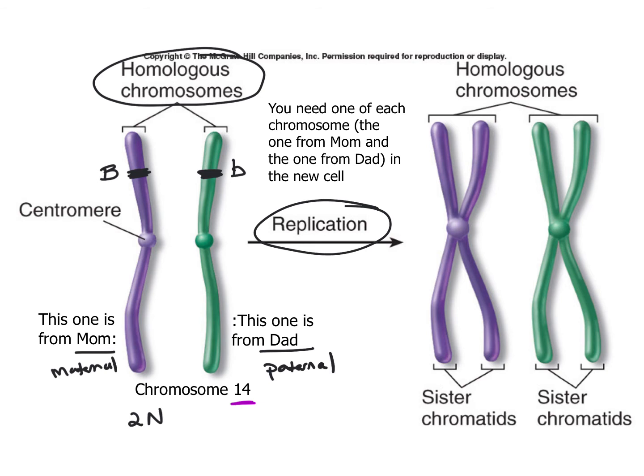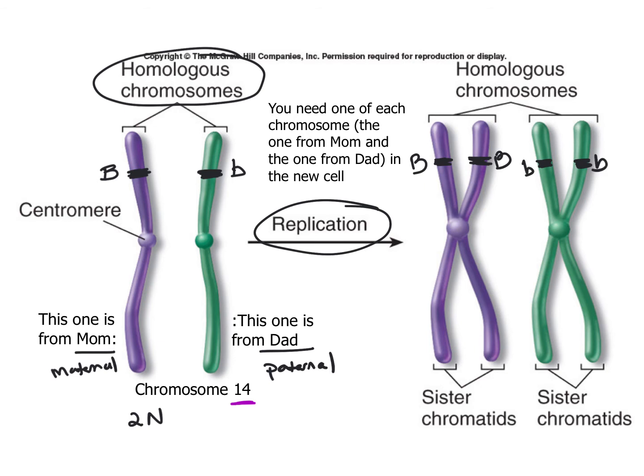And I want those chromosomes to be duplicated exactly because in my next cell, I want each one to have a perfect copy of the purple one, right? And what version was the purple one carrying with it? For brown, right? And I want to have a perfect copy of the green one, right? And each green one has the blonde, okay?